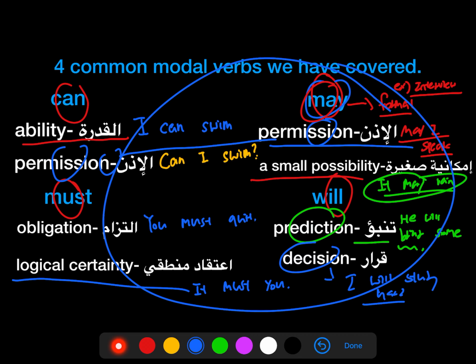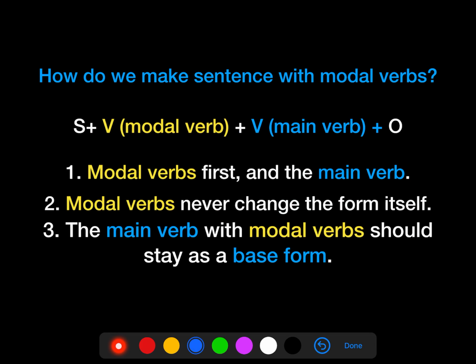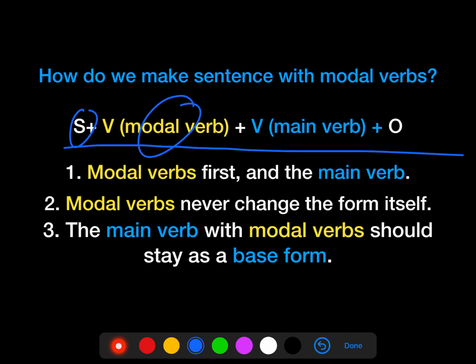So I have covered all of these modal verbs with example sentences, but we have a similar construction. How do we make sentences with modal verbs? We normally construct like this: subject, modal verb, then main verb, and then the object. We have three main rules.